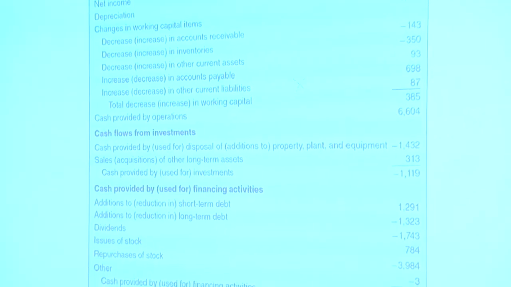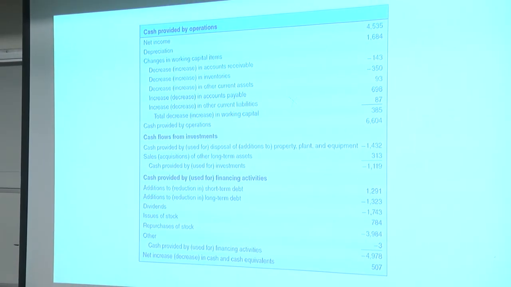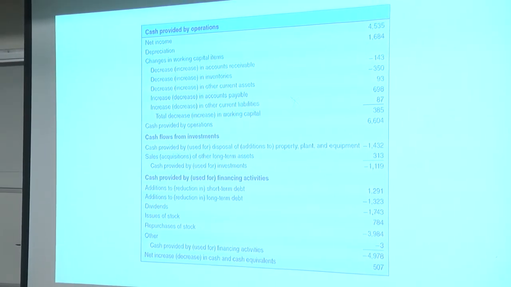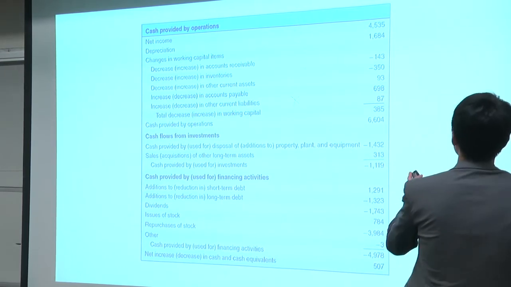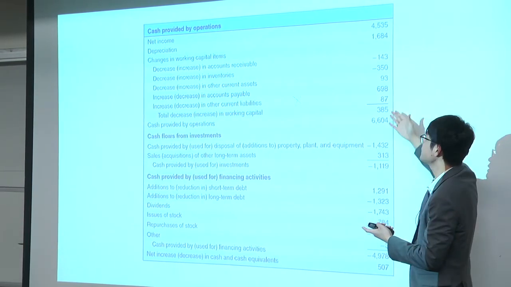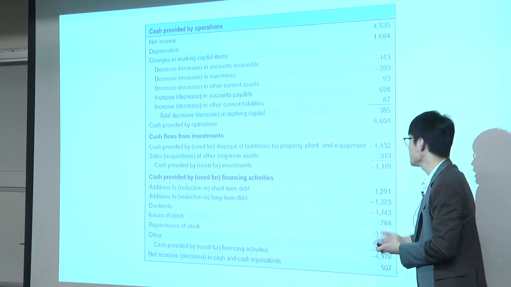We usually have three parts: cash flow provided by operations, cash flow provided by investments, and cash provided by financing activities. Those three measure the cash flow changes from three parts of the company. Generally speaking, cash flow by operations is real operations, investment is capital budgeting, and this is financing.